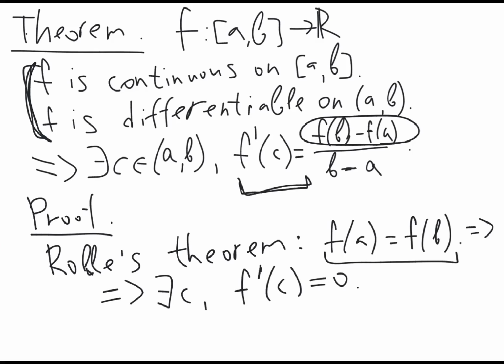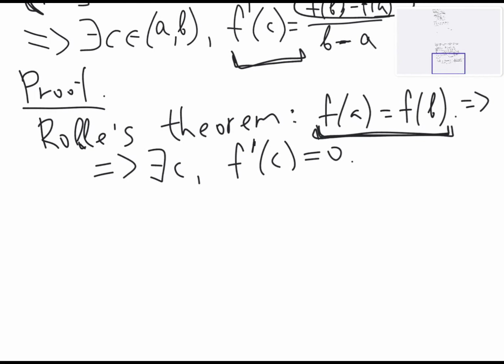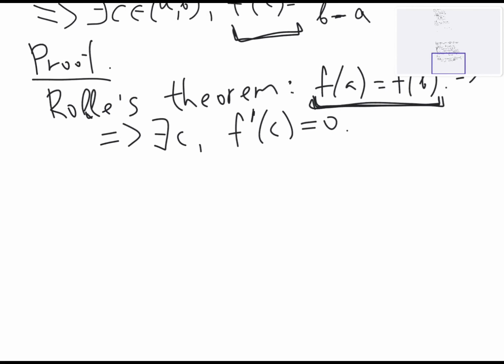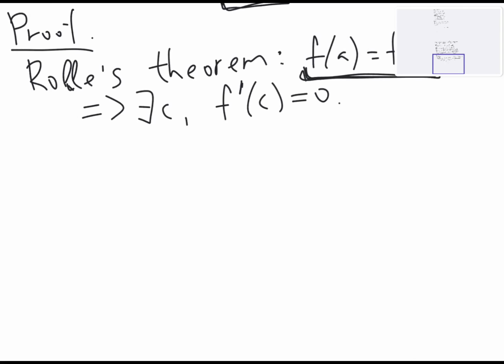So they're actually equivalent, despite the fact that Rolle's theorem seems to be more restrictive. This condition adds an additional restriction, but it's not a very restrictive restriction. So essentially we define a new function.